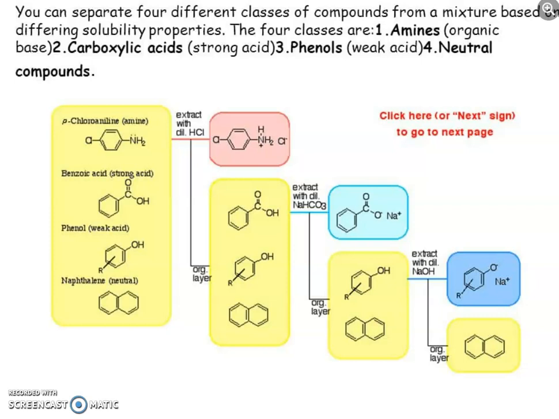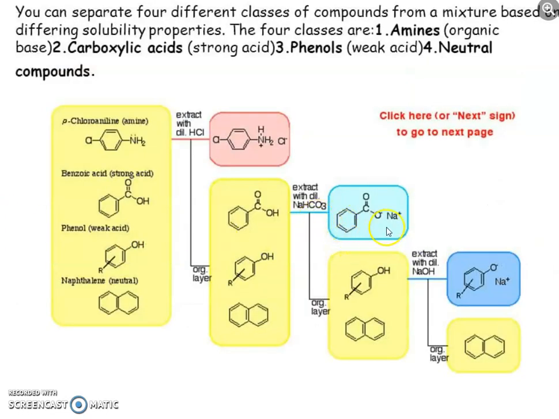Then again stack with dilute sodium bicarbonate, the acid is separated, and then stack with dilute NaOH, then the phenoxide is separated, and the remaining one is the naphthalene.